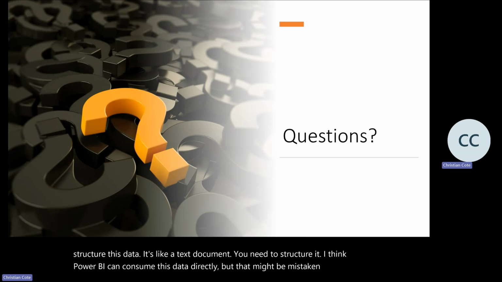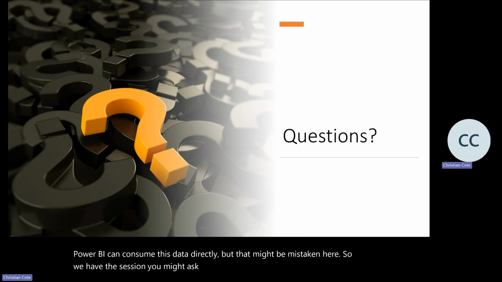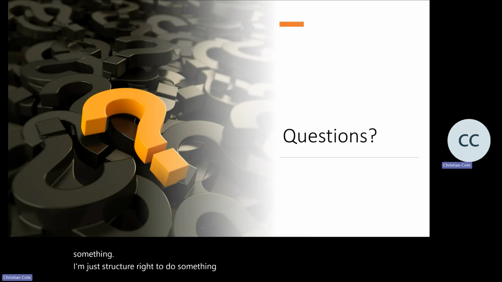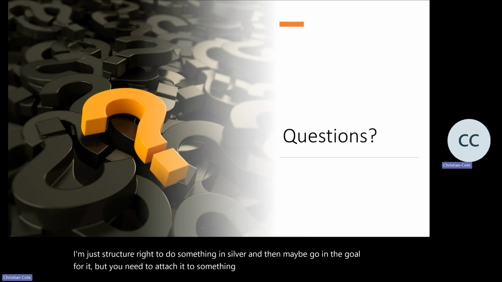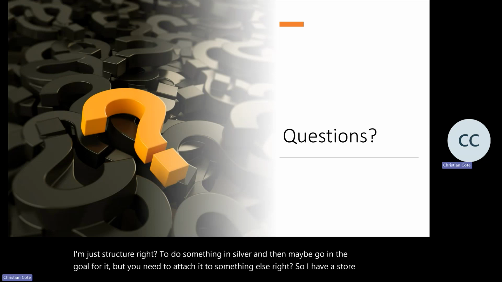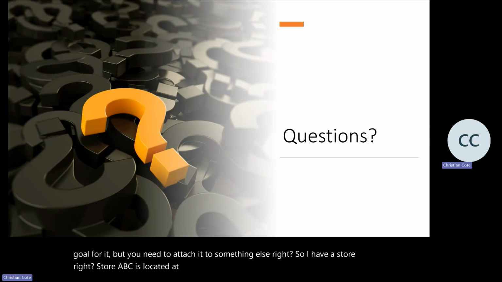We have the Power BI session, you might ask there. But for you, I would start in bronze, basically, and try to do something in silver. In silver we apply the structure, and then maybe you'll get to gold, but you need to attach it to something else. So I have a store, A, B, C, located at this longitude and latitude.